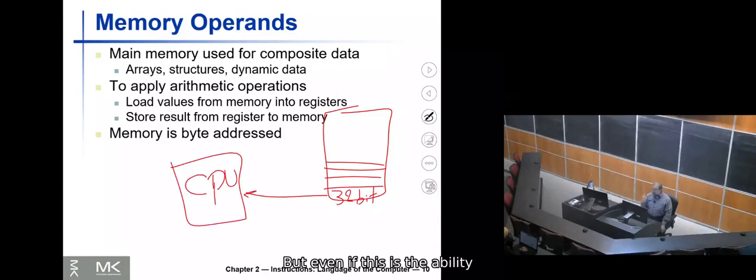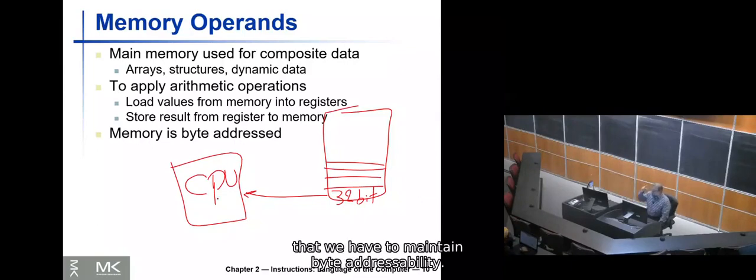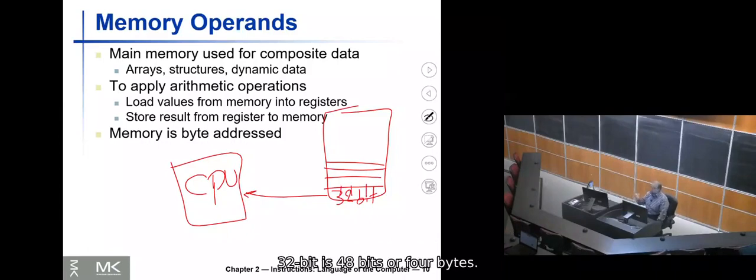But even though MIPS can talk with the memory 32 bits wide, all of the designers of processors have agreed that we have to maintain byte addressability. It means that when you have 32-bit locations, each location has 4 bytes. Is that right? 32 bits is four 8-bits, 4 bytes.